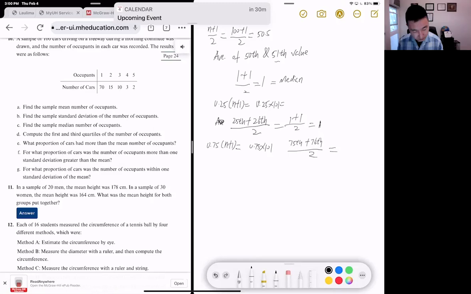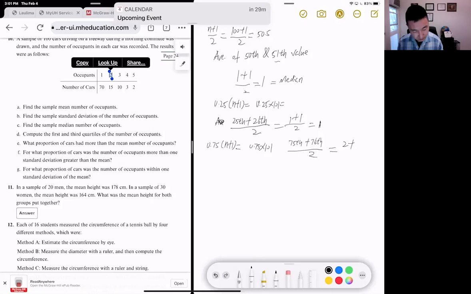We have 70 cars with 1 occupant and 15 cars with 2 occupants. 70 plus 15 is 85, so the 75th has two occupants. The 76th also has 2, since it is one of these 15 cars with 2 occupants.